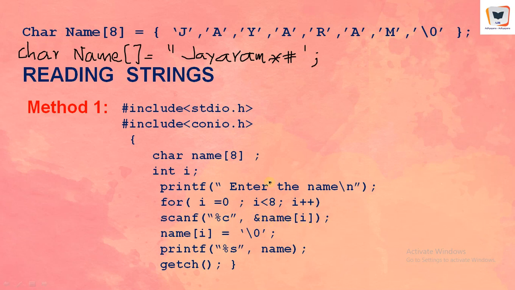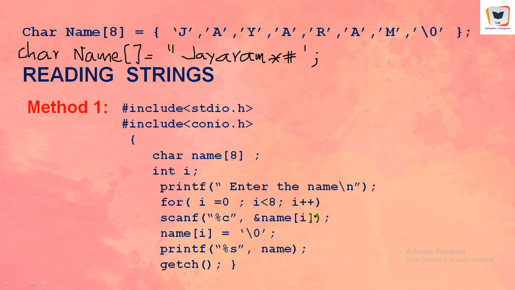Since we are reading the entire string variable, whatever the name be, it will consume only 7 characters, okay, the 8th is left for the null character. So it takes character by character, and it fills different cells: name[0], name[1], name[2], name[3], just like a one-dimensional array.